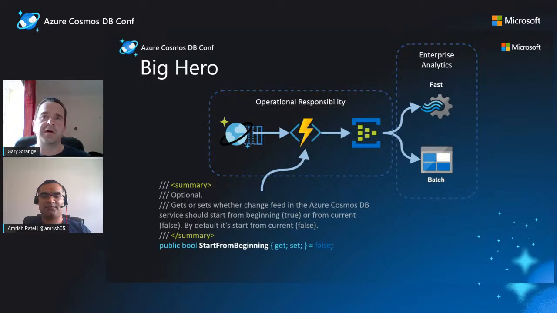But if you toggle start from the beginning, you're saying, when you create your leases to read that change feed, I don't want you to start reading what's going on now. I want you to start right from the beginning, the earliest documents in that container, and then just play through.